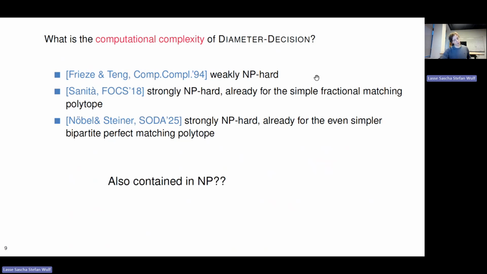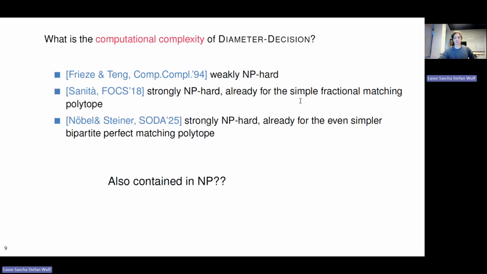But none of these authors could actually answer the question whether this decision problem is actually contained in the class NP, right? So usually the NP hardness part is the hard part of a proof. But here, none of these authors could show containment. And in fact, this is no surprise, because already in 1994, Friese and Tang conjectured that this problem is actually above the class NP.